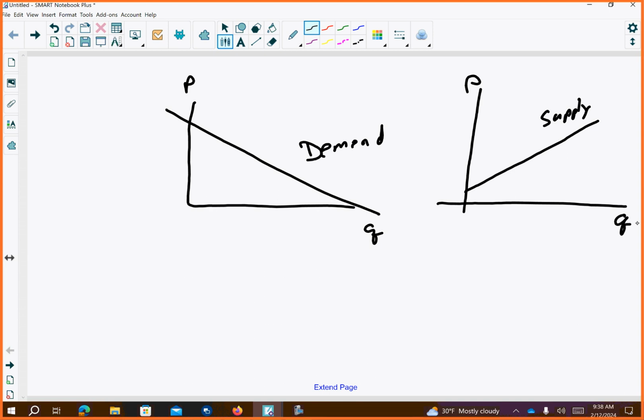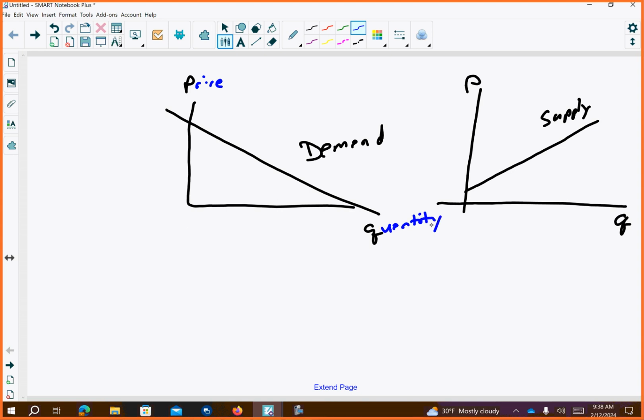But then it says, and I realize that your graph is pretty bad, but I bet we can get close to this. It says how many units Q are demanded. So I'm looking at my demand graph when the price is 100. So this is price, this is quantity.